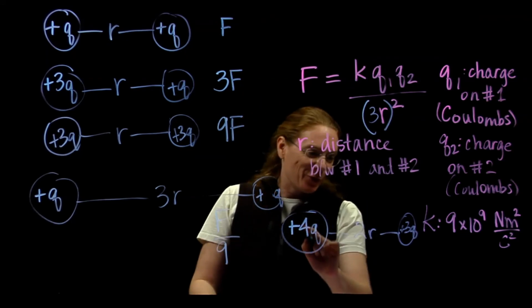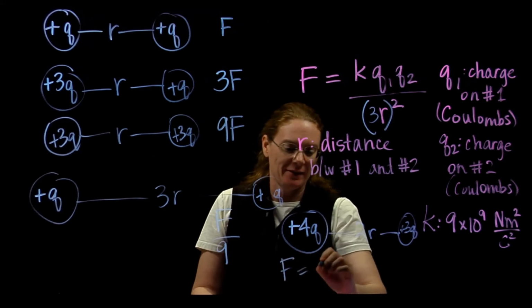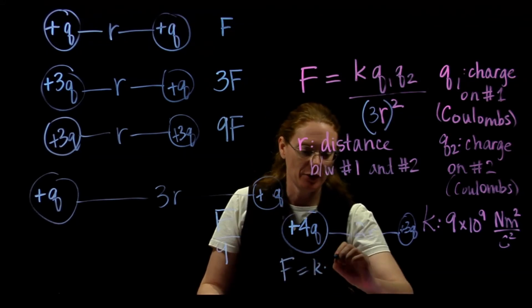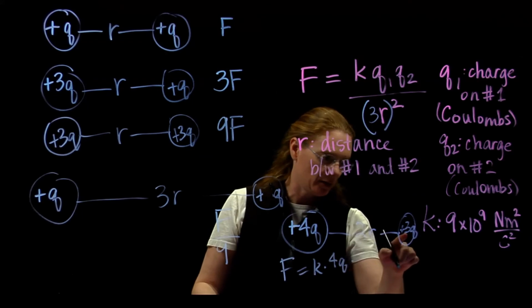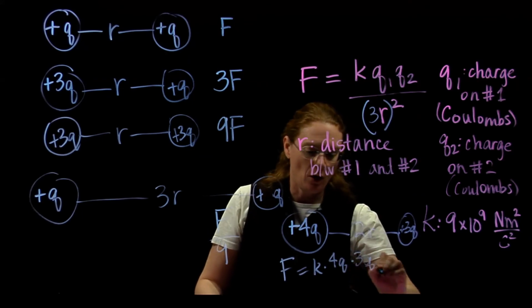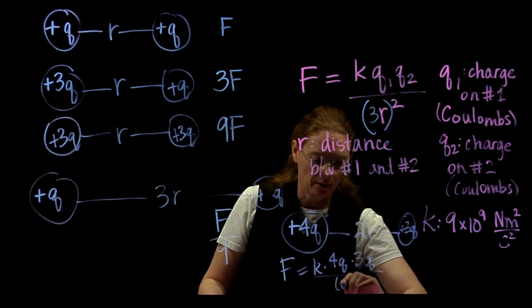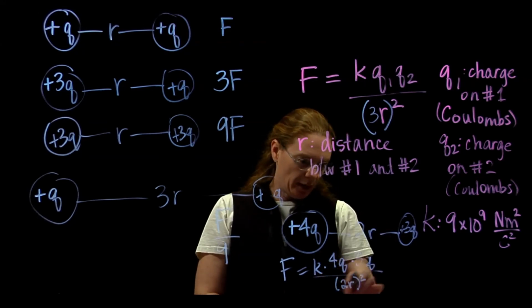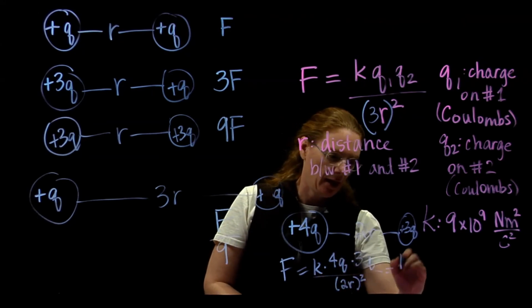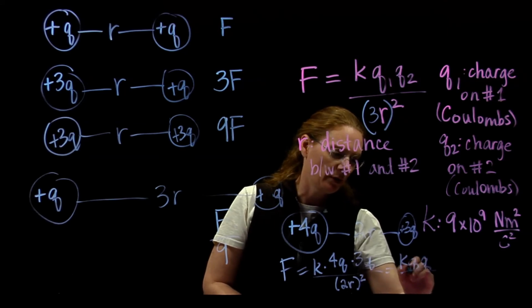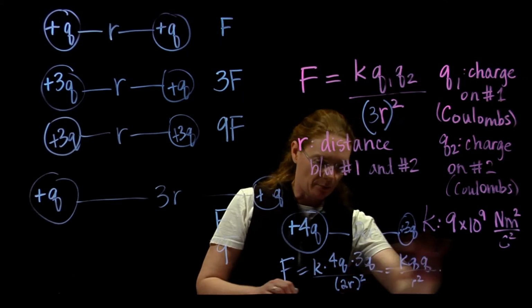So here we've got the force is K times the first charge, 4q, times the second charge, 3q, over the distance squared. And remember, keep that in parentheses. So what do I have here? This is going to be KQQ over R squared. Let's bring all the numbers out.